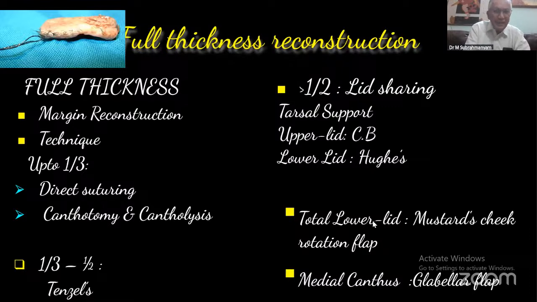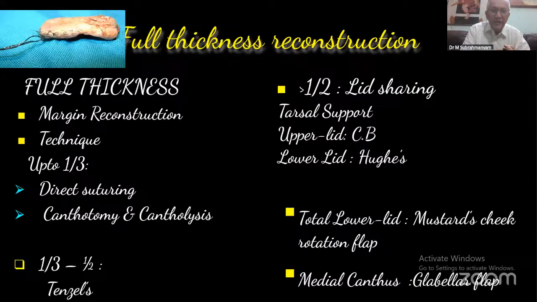Full thickness reconstruction: as I said, whenever we excise the tumor, we usually keep a suture and inform the pathologist where I have kept the suture. I'll ask for the diagnosis, and I'll ask for marginal clearance.